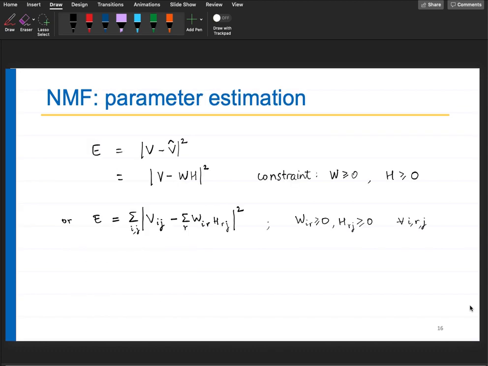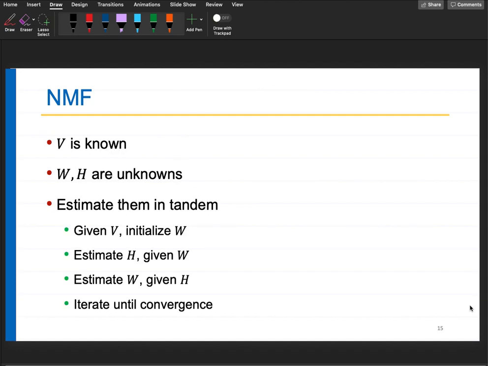Okay, so let's discuss parameter estimation in the case of NMF. In any parameter estimation, what is the first thing you do? What is the very essential thing you do to find your optimal weights?